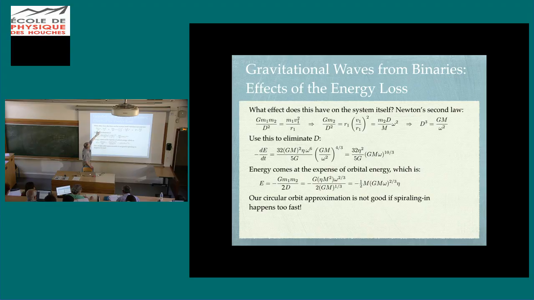So I'm going to do Newton's second law. The gravitational acceleration is equal to m times v squared over r. And you get that law, which should be familiar to you. That's Kepler's third law. And so now I'm going to use that to eliminate d.